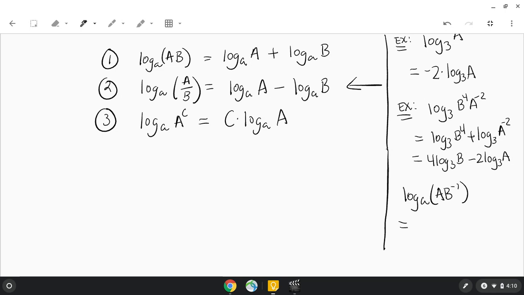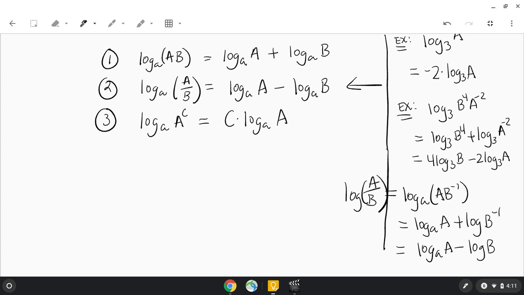If we use our laws here, first we have that product, so I can rewrite it as a sum. And then from that third law, I can bring my exponents down to the front. And that's how this one, the equivalent of a over b, a times b to the negative 1, is the same as a over b. So that's where we get that second law.